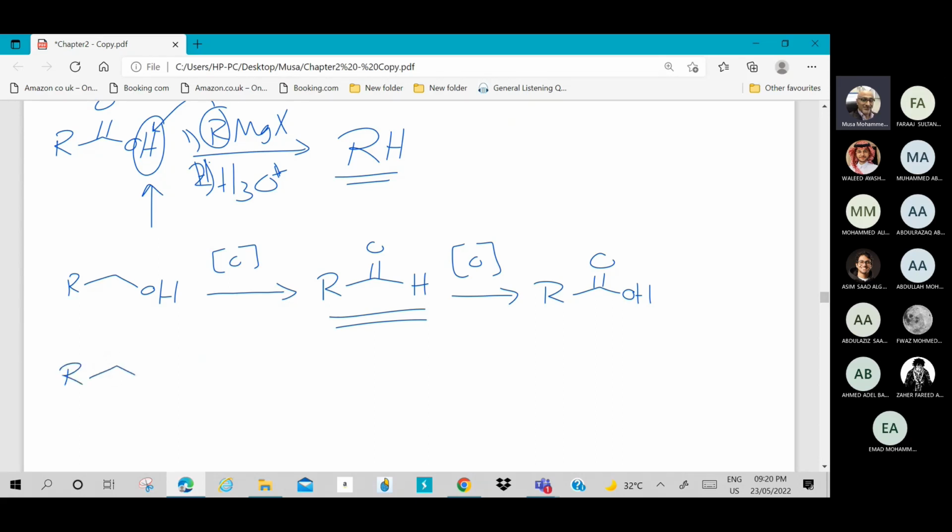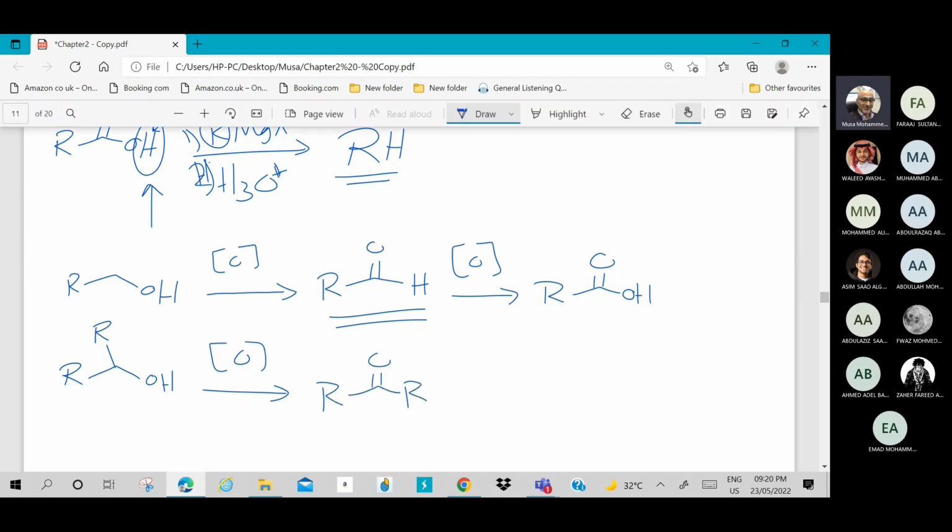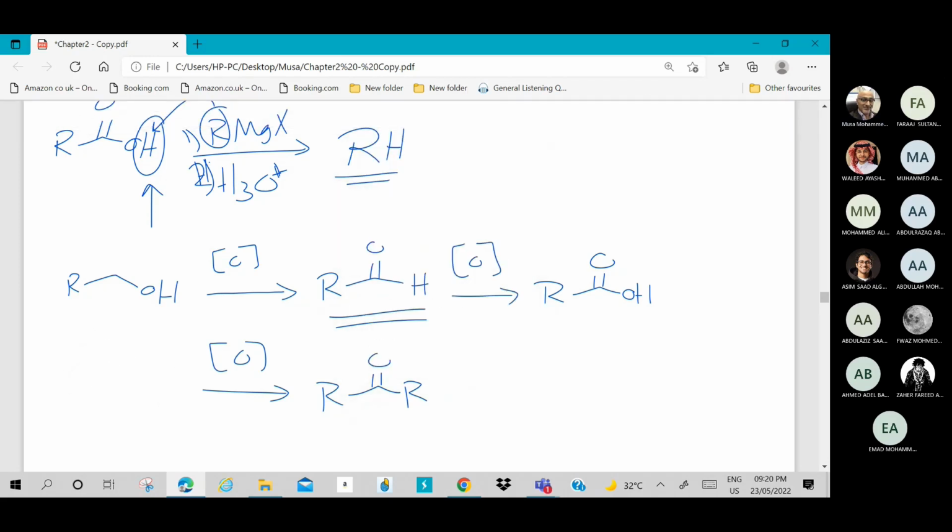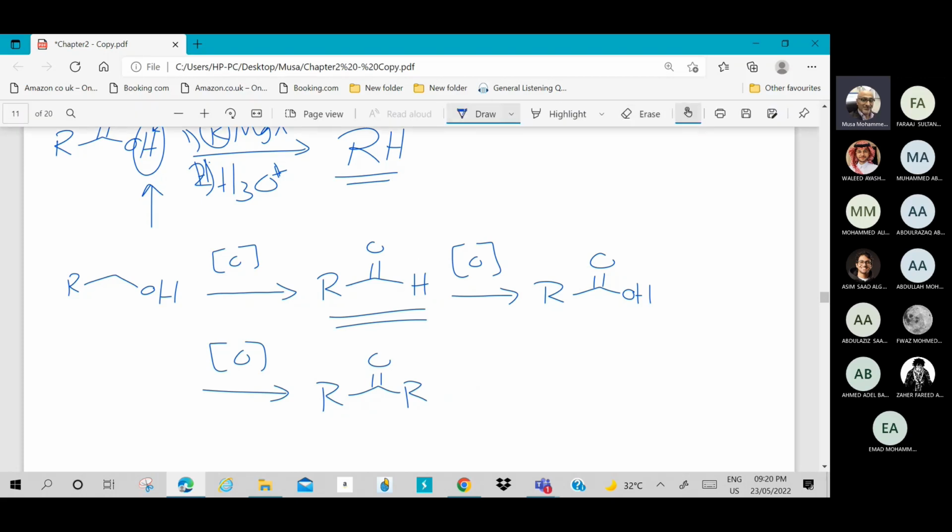When you oxidize R, R, OH, you will form R, C double bond O, R. Now let me draw this one, like this. So this is R, and this is OH. When you oxidize it, you have no problem. You can use Jones, you can use sodium dichromate, you can use Dess-Martin, okay? Anyone will work.